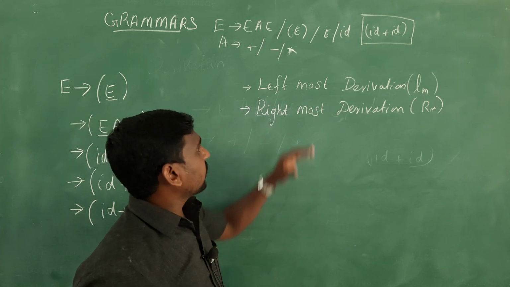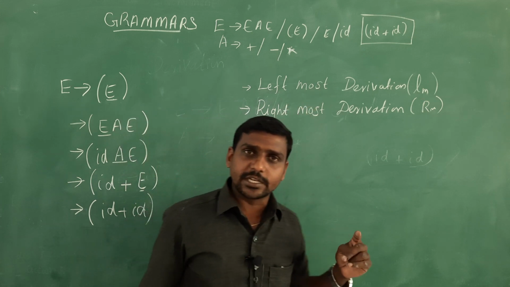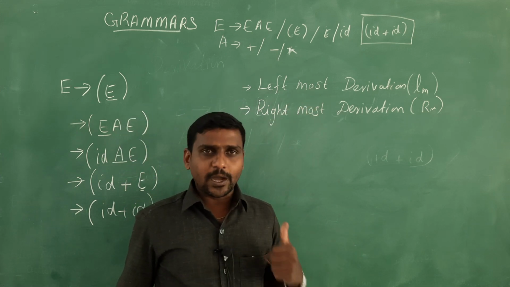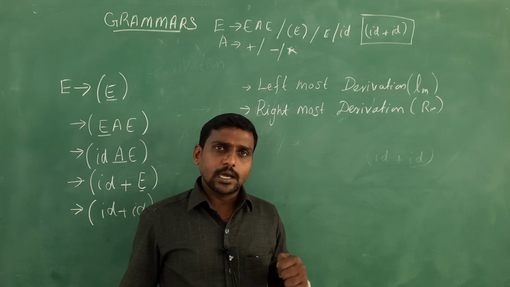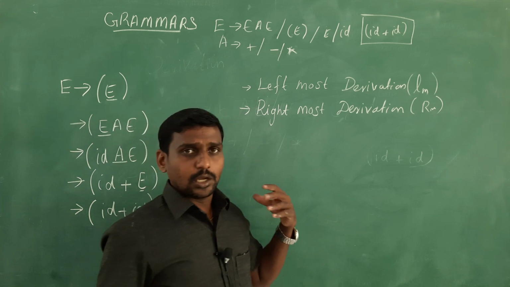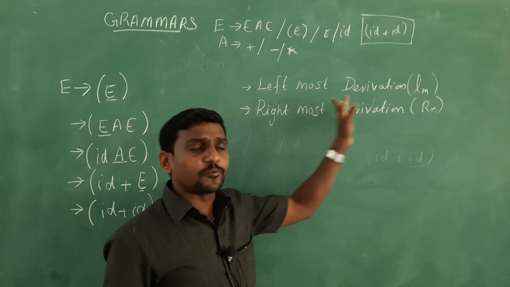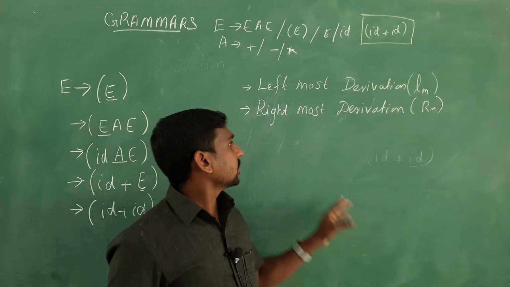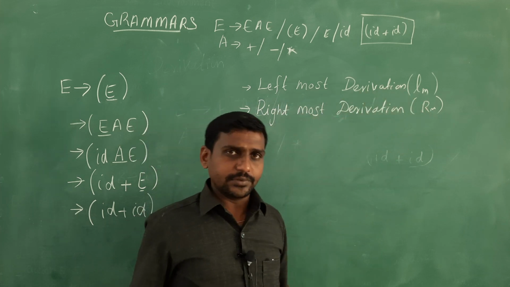What is the use of leftmost derivation and rightmost derivation in the grammar? Some parsers or compilers do the parsing using leftmost derivation, and some parsers do the parsing using rightmost derivation.